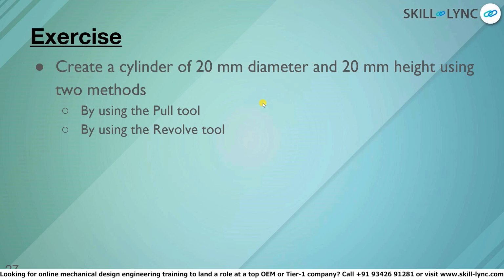I will give you a hint. To create a cylinder using the simple pull tool, you can start with a 2D geometry of a circle. However, to create a cylinder using the Revolve tool, your 2D geometry has to be a bit different. Ideally, you would use a rectangle in this instance to create a cylinder.